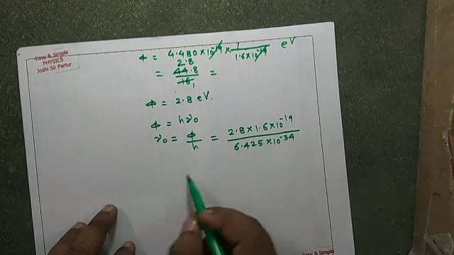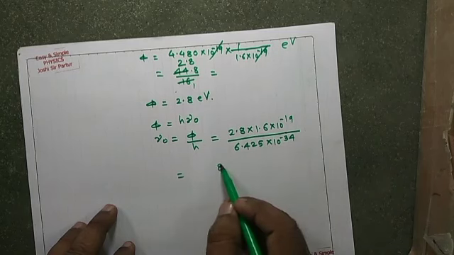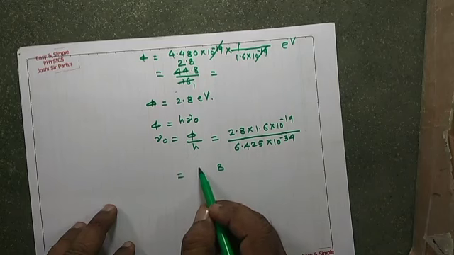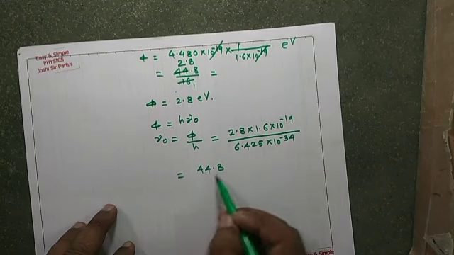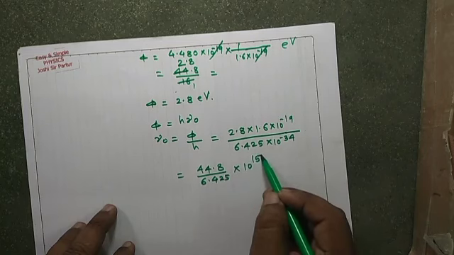See here, when we multiply 16 at the 128, 12 will be remaining, 16 to the 32 and 12, it becomes 44.8 divided by 6.425 into 10 to the power 15.